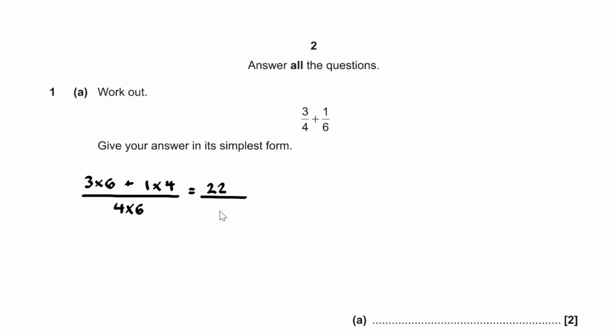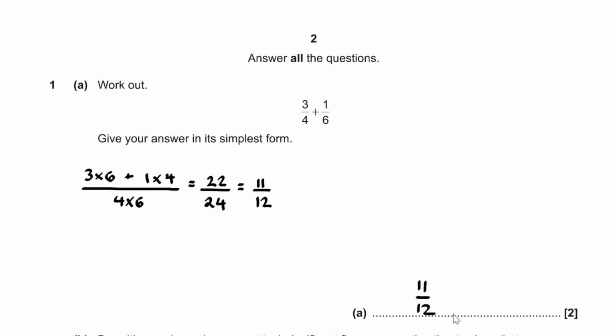On the bottom we've got 24. So therefore what we'll end up with is 22 over 24, which if I divide the top and bottom by 2, would end up with 11 over 12. So we have 11 over 12.